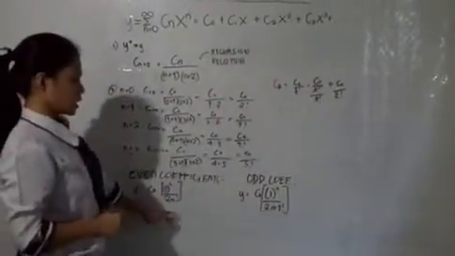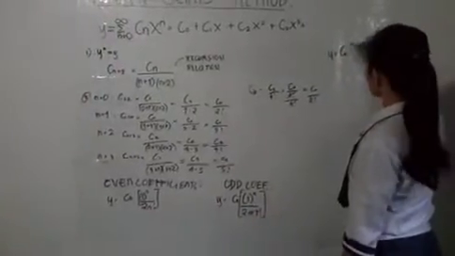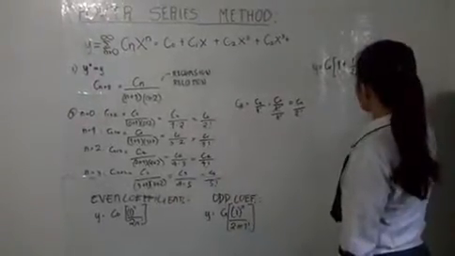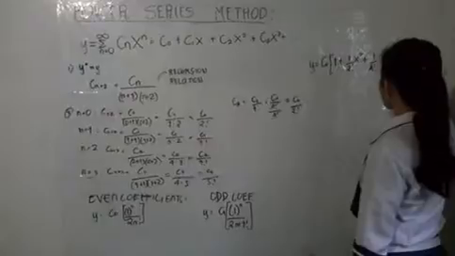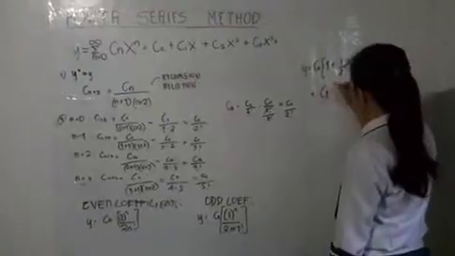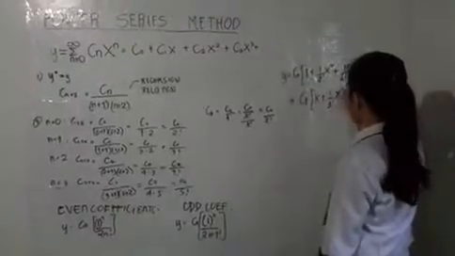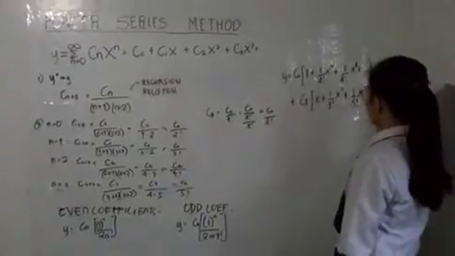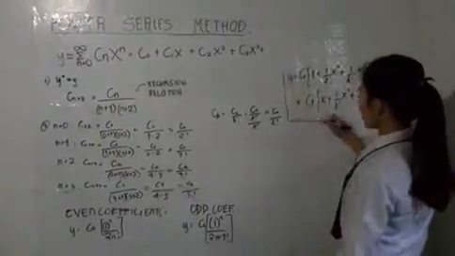Now from this one, we can have our equation. y is equal to c0 times (1 plus 1 over 2 factorial x squared plus 1 over 4 factorial x to the 4th plus so on and so forth), plus our odd coefficient c1 times (x plus 1 over 3 factorial x cubed plus 1 over 5 factorial x raised to 5th). Now this will be our formula.